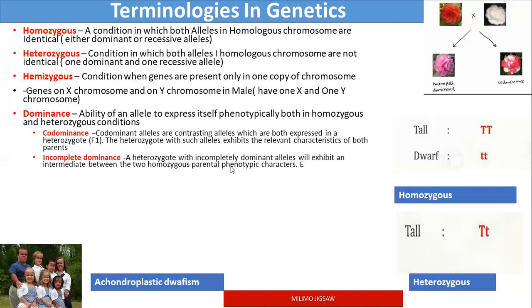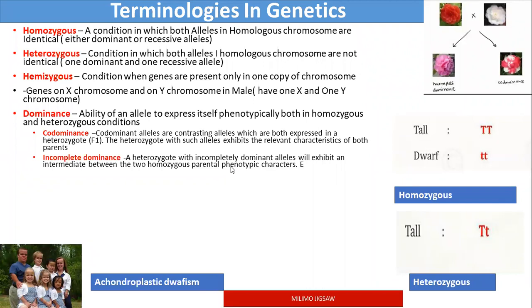If both are W's for white, we have a white coat. And when we have RW, we have a white and red coat. So the heterozygote has expressed both relevant characteristics of the parents.